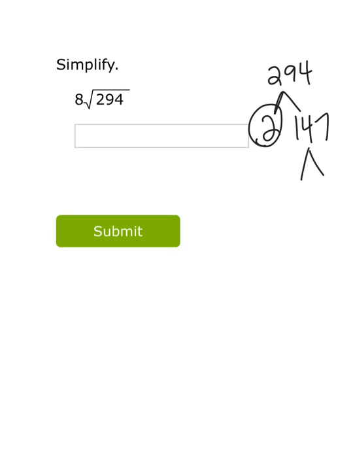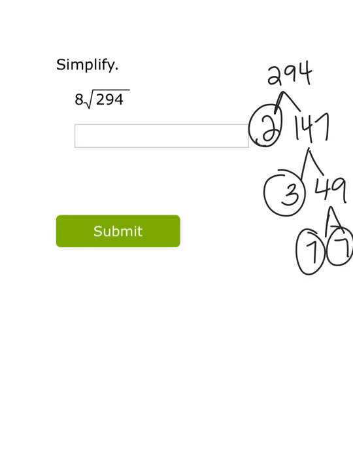But I need to keep going with the 147. I know that 147 is divisible by 3 because 3 times 49 equals 147. 3 is prime, but I can keep going with 49 because I know 7 times 7 equals 49. So my prime factorization for this would be 7 squared times 3 times 2.